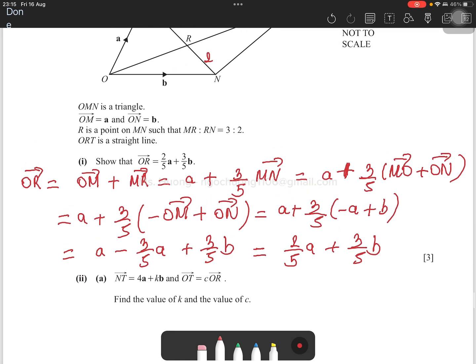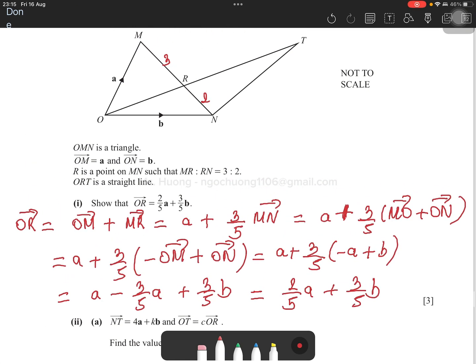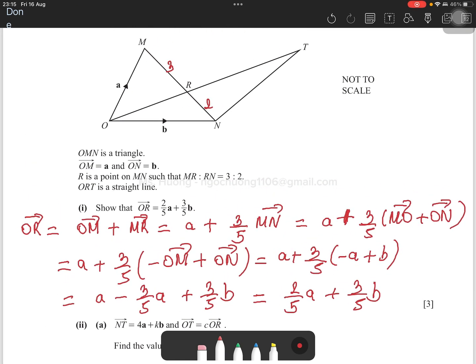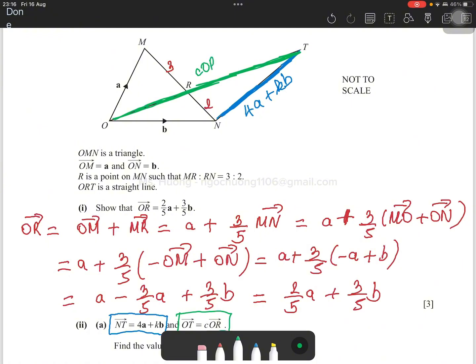Second question, and the vector NT is 4a plus kb. Vector NT, this one, is equal to 4a plus kb. And vector OT is c times OR. Vector OT, this green vector, is c times vector OR.